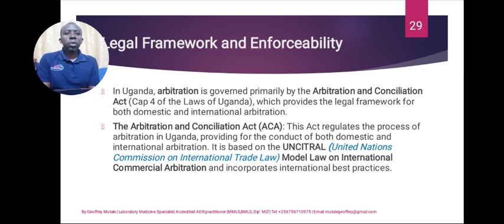But this is particularly for the case in Uganda. In Uganda, arbitration is governed primarily by the Arbitration and Conciliation Act, Cap 4 of the laws of Uganda, which provides the legal framework for both domestic and international arbitration. So it is enforceable in Uganda. This Act regulates the processes of arbitration in Uganda, providing for the conduct of both domestic and international arbitration.